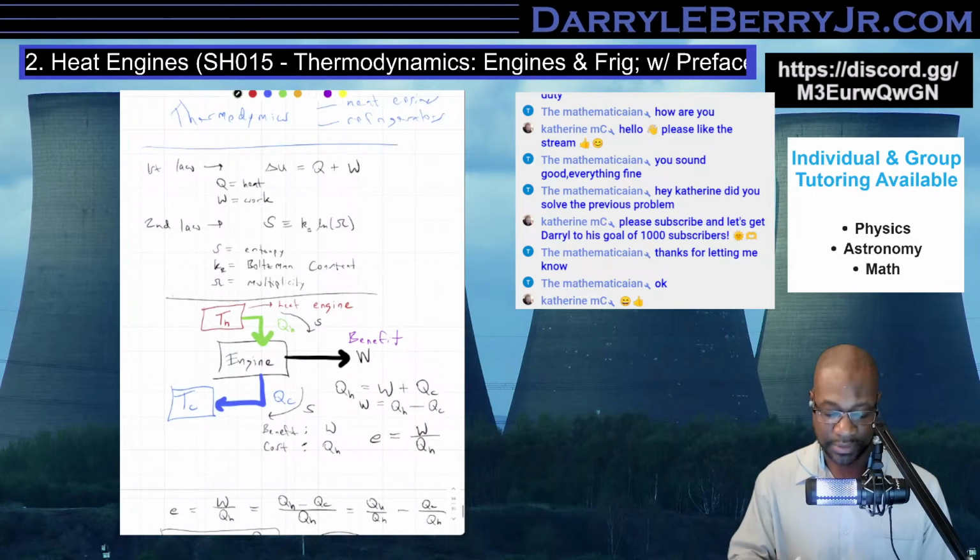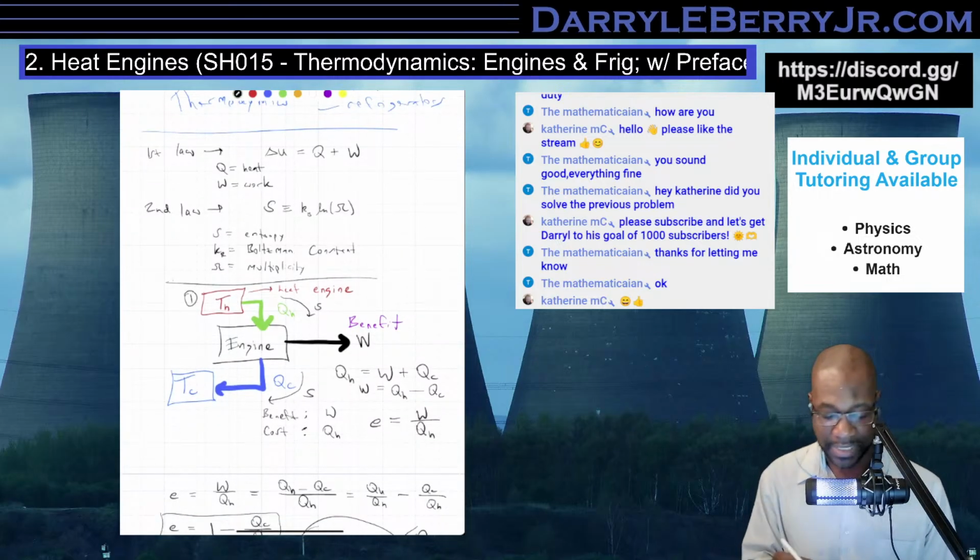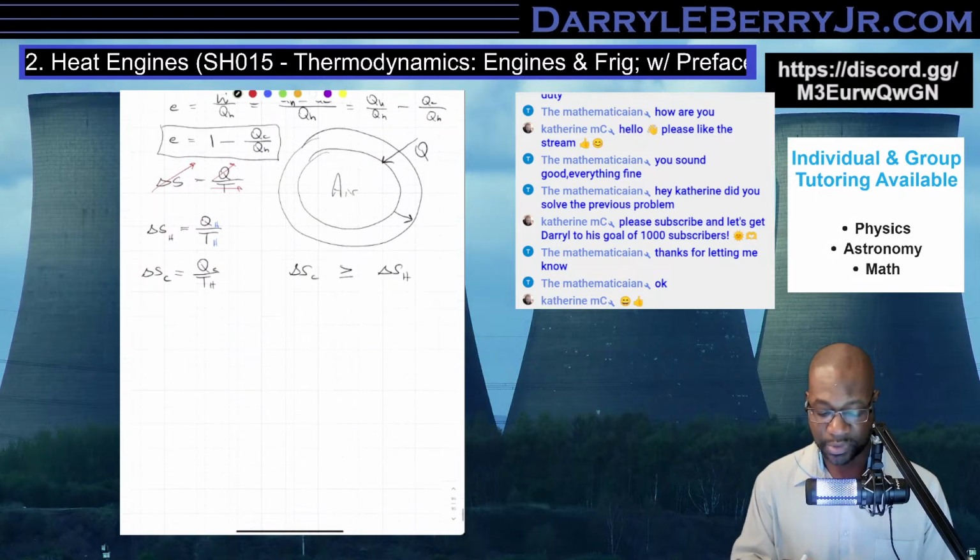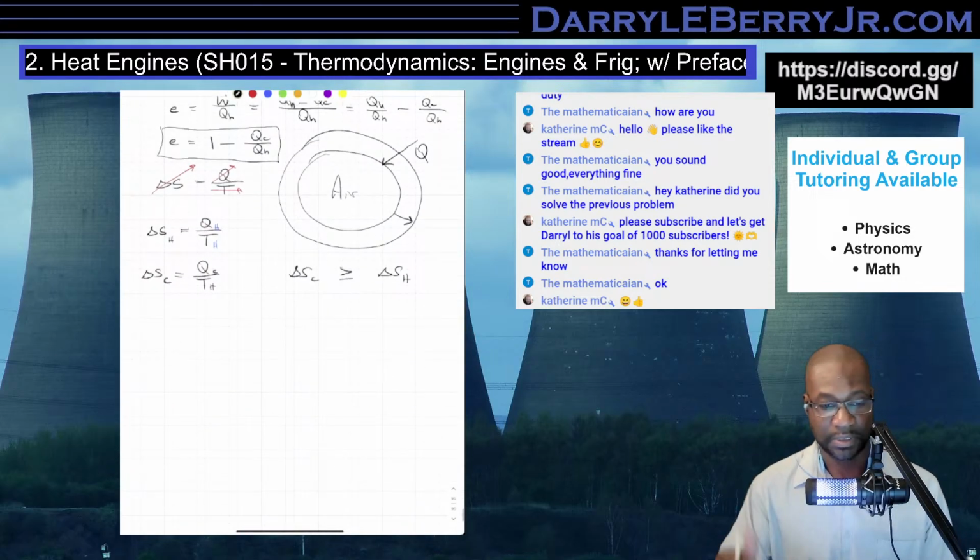Basically, this is the start of the process where it pulls heat from the outside. The engine does its work, and then it dumps the heat out here. So by the time we get to this step 3 here, the entropy of the entire system has to either be the same or increase. So the entropy of the cold side has to be more or equal to the hot side.